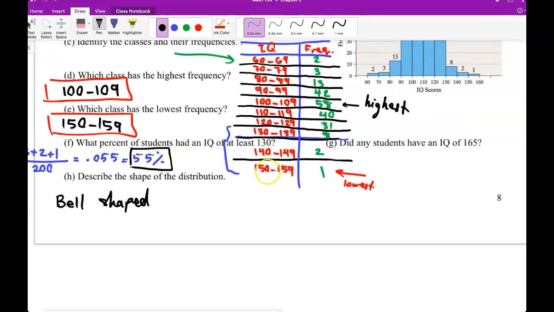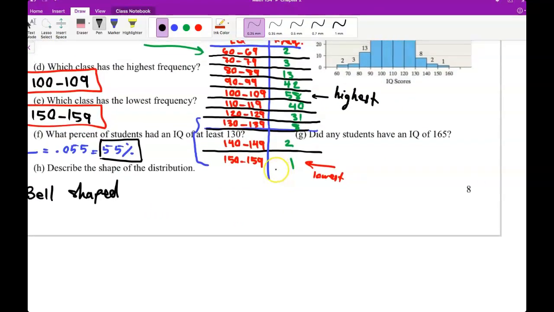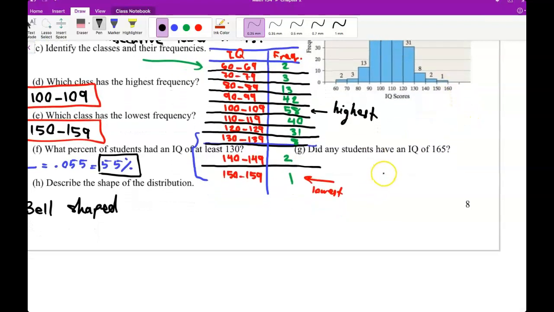These classes are 150 up to, so the highest one that we have here is 159, because that is 160. And we stop here. We don't have 165. IQ score 165 is not here. So the answer is no.